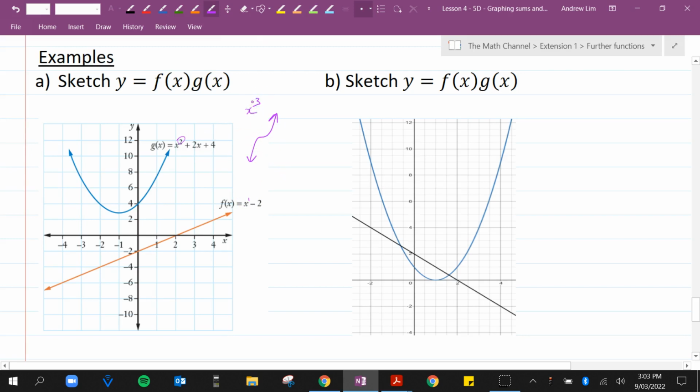Alright, so 0 times whatever this is will be 0. So I know it's going to go through that point. Let's look for some other easy values to multiply. 4 times minus 2 is minus 8. Let's go with this one. Minus 1 times about 7.5 will be about minus 7.5.